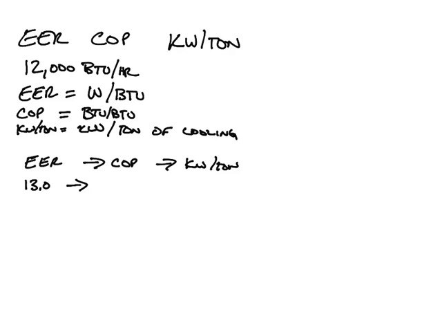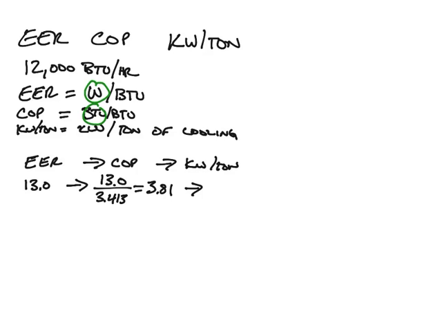If you notice the units, we've got watts per BTU in EER, and BTU per BTU in COP. So we're converting the watts out of there by knowing that we've got 3.413 BTUs per watt. If we divide 13.0 by 3.413, we get a COP of 3.81.